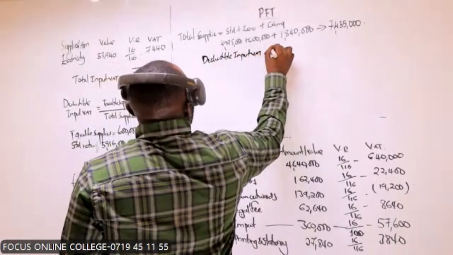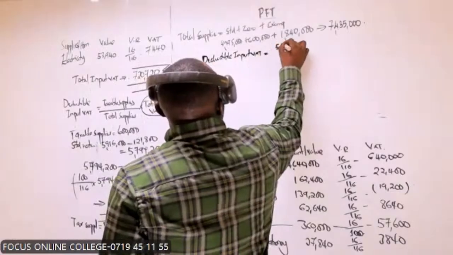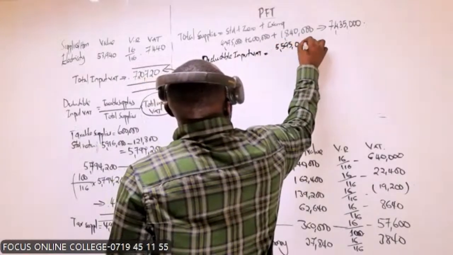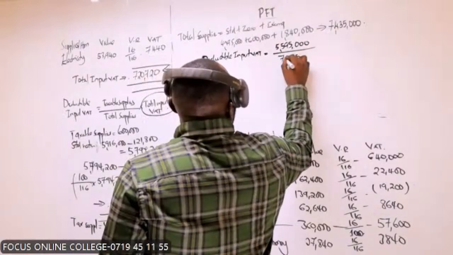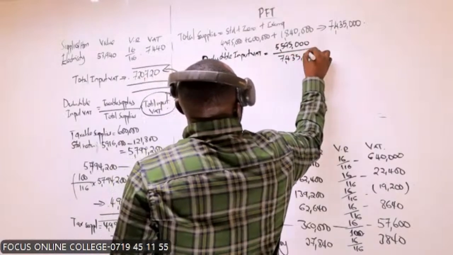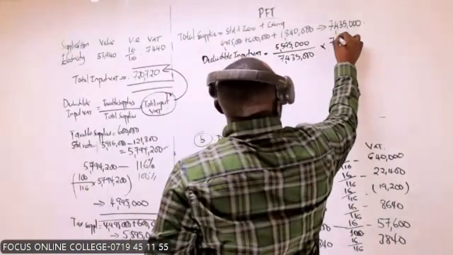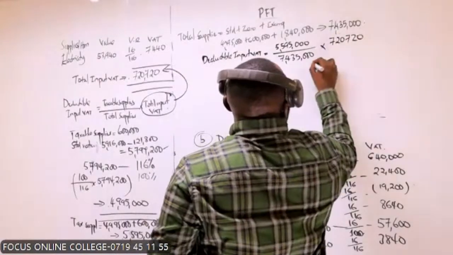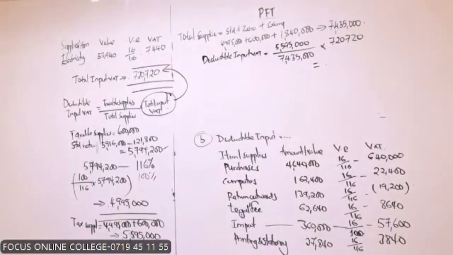That should be taxable supplies, which is 5,595,000, over total supplies, which is 7,435,000, times total input VAT, which is 720. So what is the deductible input VAT? Get for me the deductible input VAT.